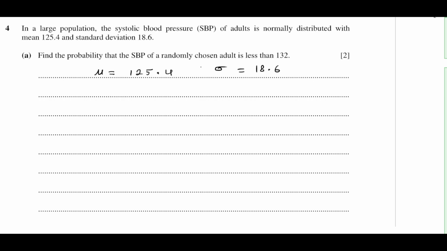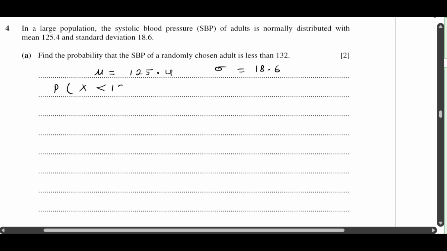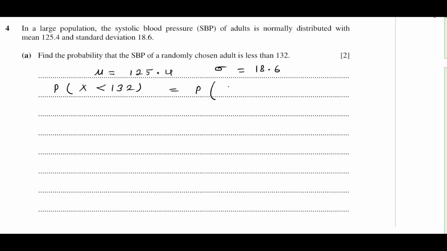We have to find the probability of x less than 132. That means we have to find the probability of z less than 132. Apply the continuity correction over here.